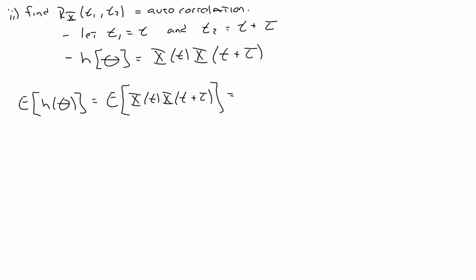And what we're going to find is this is going to be the integral from minus infinity to infinity of h of theta times the probability density function for theta d theta. And we're doing this once again because my random process in this particular example is created by embedding a random variable inside of a time-varying function. So my random process is a function of my random variable.